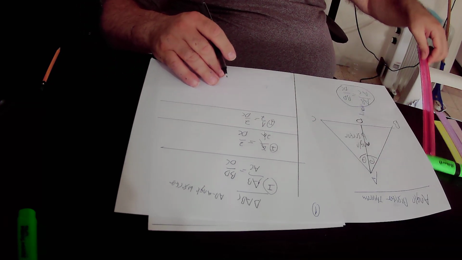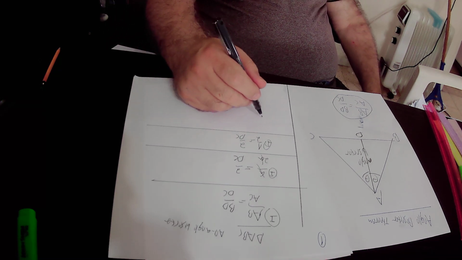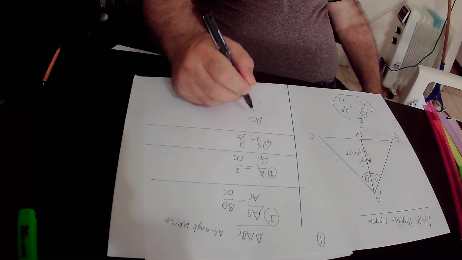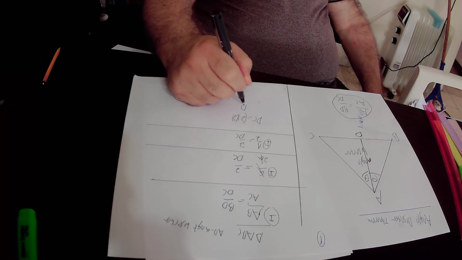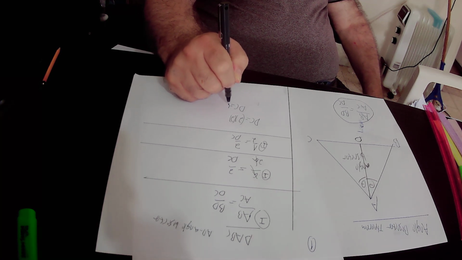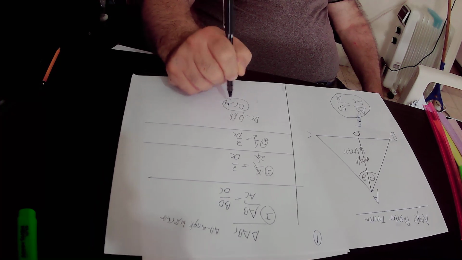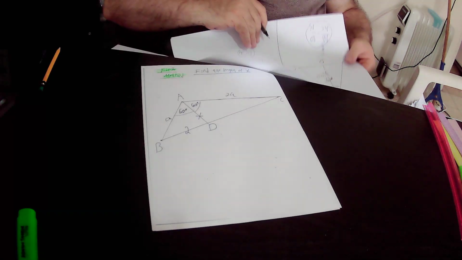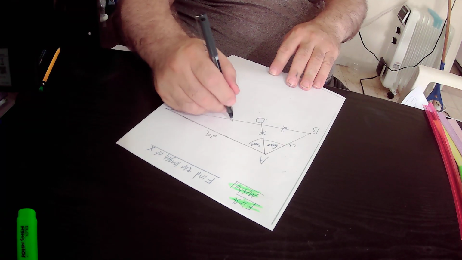So here we cross multiply this equation, and we get that DC equals 2 times 2, that is 4. We found out that DC equals 4 units.